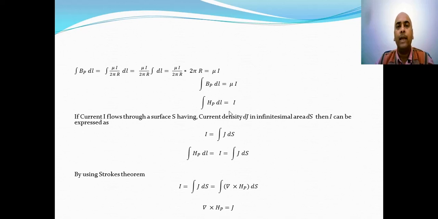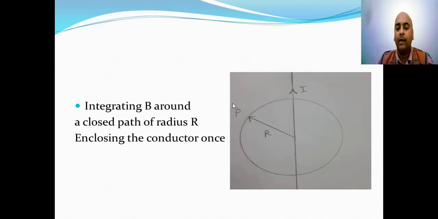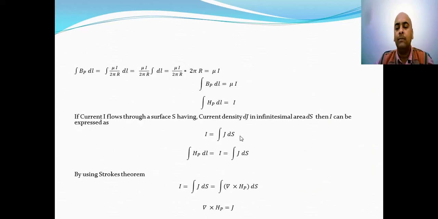Now it might be possible that instead of a conductor, current is flowing through some surface having current density J in an infinitesimal area dS.